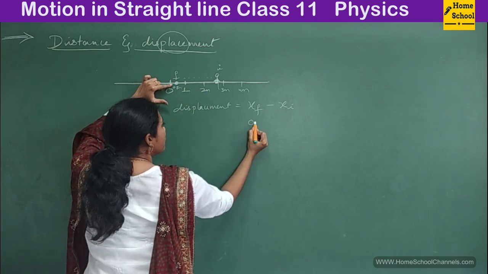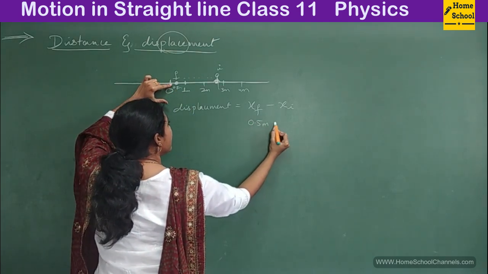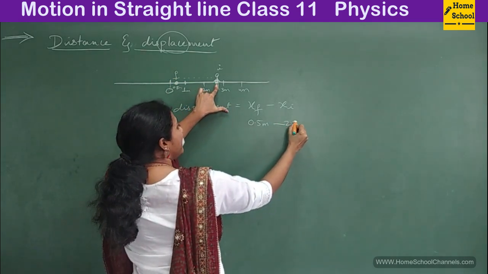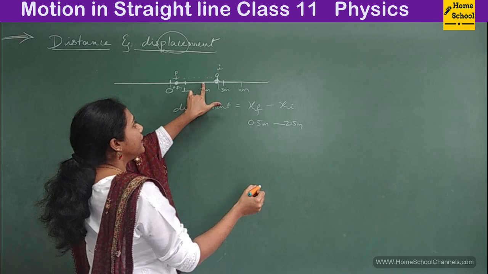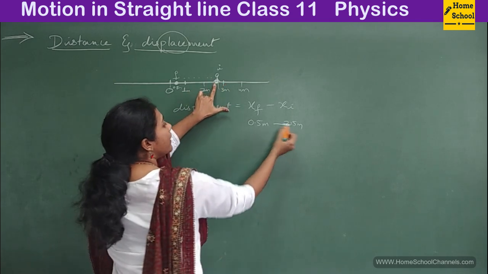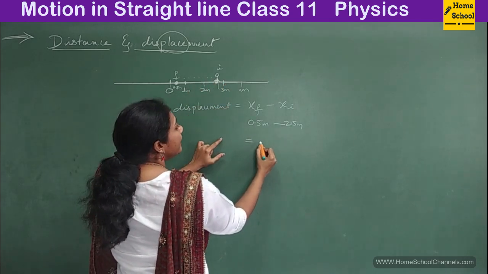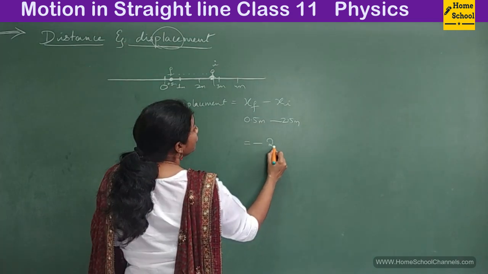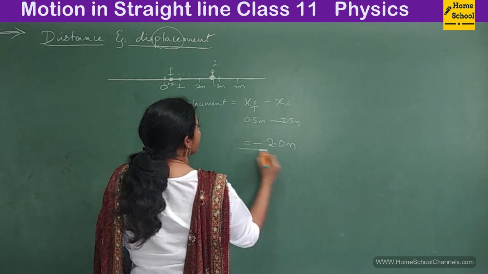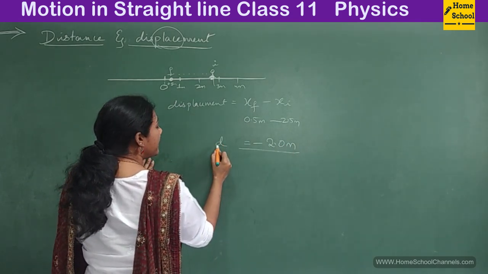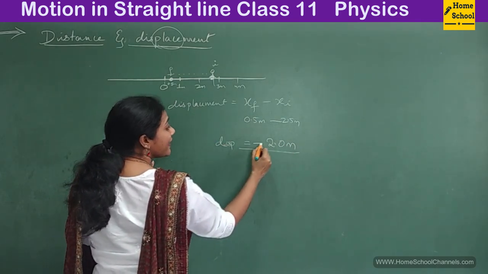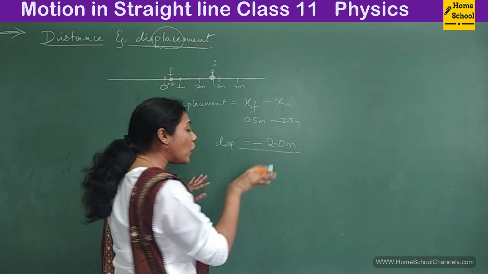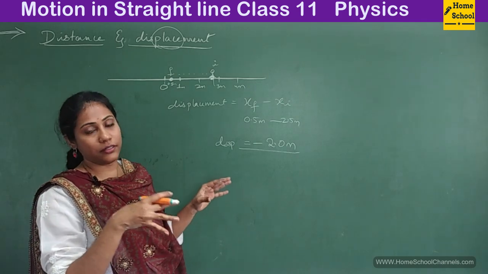So my final position is 0.5 meters minus the initial position, which is around 2.5 meters, since I am exactly in between 2 and 3. So what is the value I got? I got around minus 2.0 meters. The displacement is equal to minus 2.0. So displacement can also be a negative value.